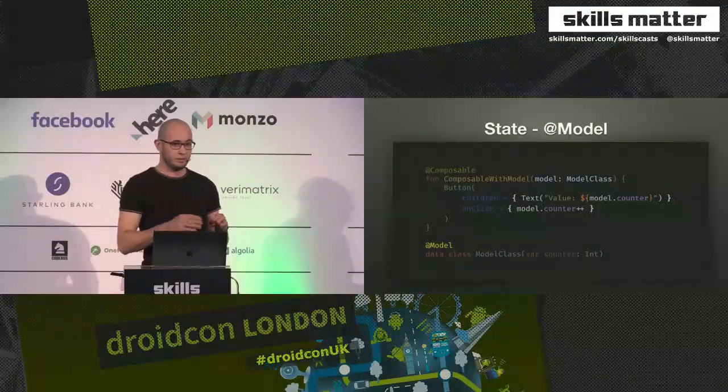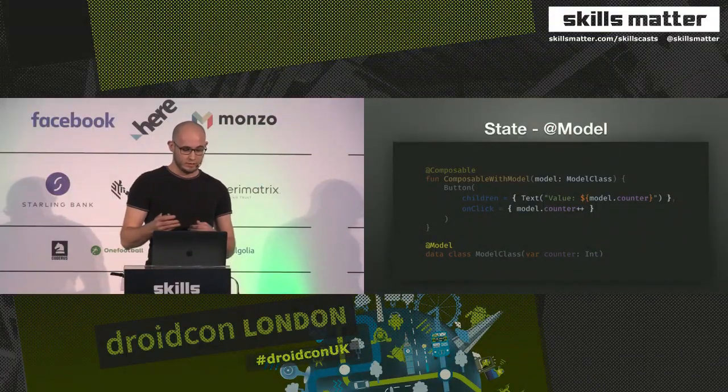And Compose will see that the children lambda, the text, depends on the value of counter. It is available information to the runtime because the class has a model annotation. So whenever the counter changes, this lambda with the text will be run again. So whenever the counter is increased, we will show the next number there.